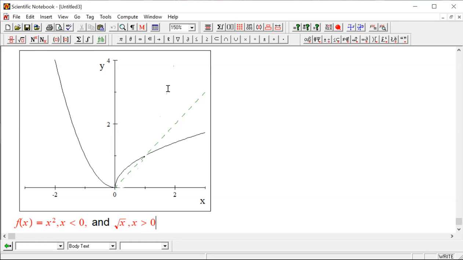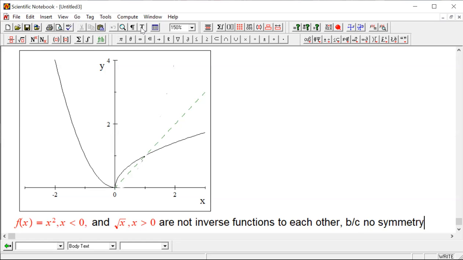All the conditions we were given are not inverse functions to each other, because there is no symmetry about y equals x.